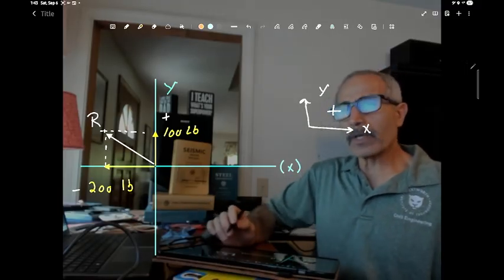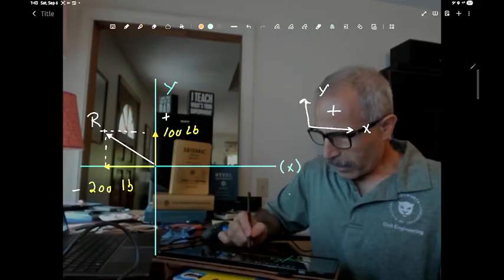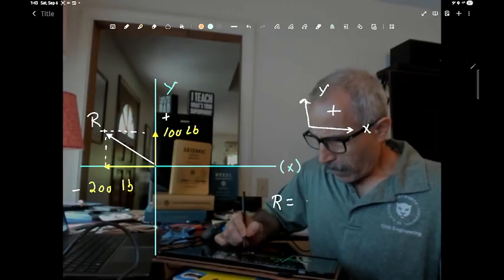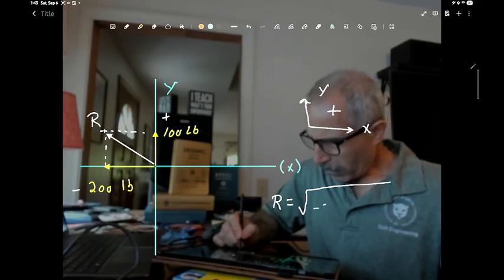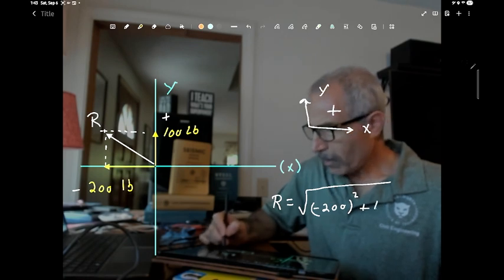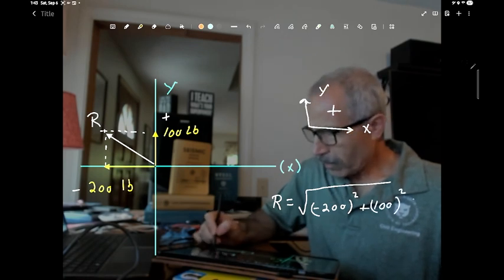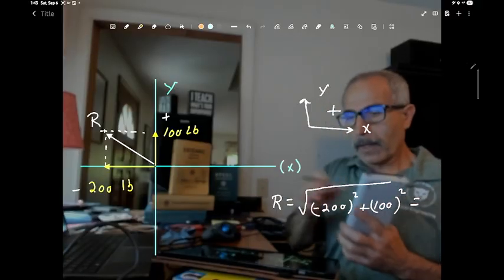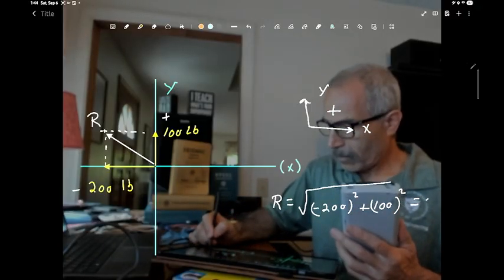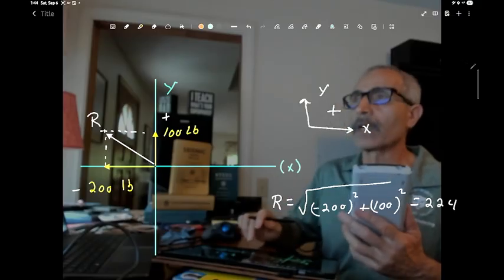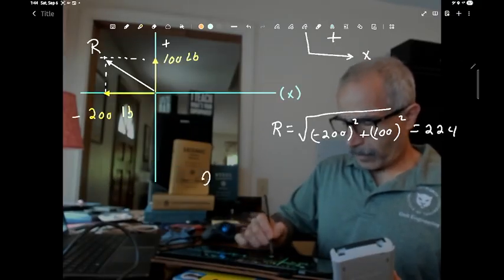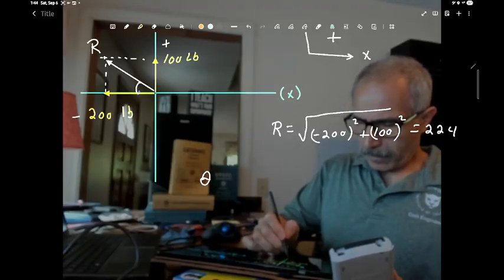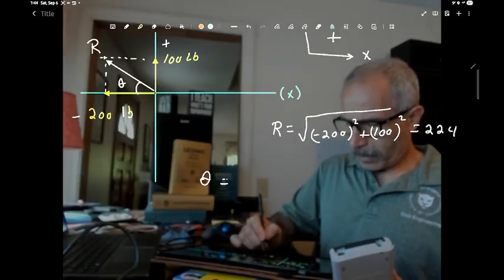The equation that we learned was we're going to say R is equal to the square root of minus 200 squared plus 100 squared, and that's equal to 224. And theta, which is right here, is equal to tangent inverse.